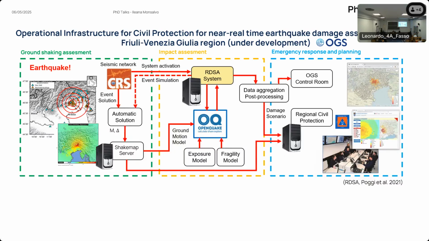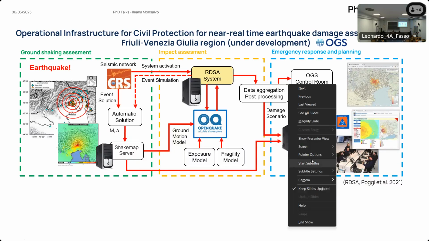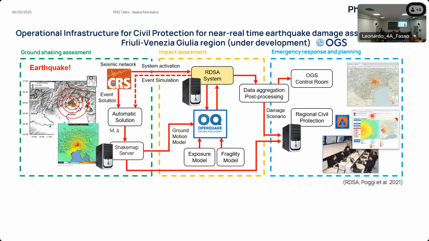this region already has an operational system that provides near real-time earthquake damage assessment. It provides damage scenarios, damage maps, the distribution of the damage within the buildings in the region. However, it relies on ShakeMaps in order to provide the ground shaking estimation.